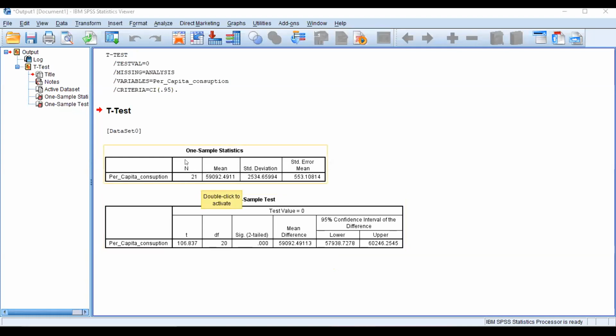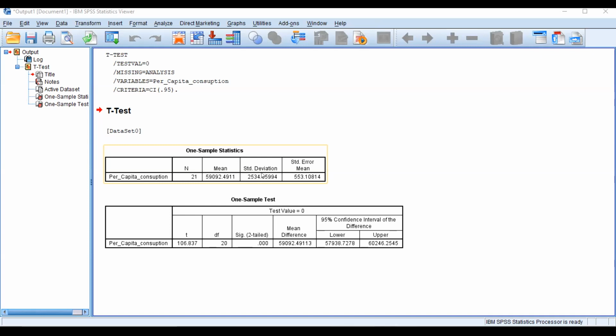Okay, so now we have fed the data and we have the 95% output. What is the meaning of that? First, the one sample statistics, meaning per capita consumption. We had 21 observations with a mean on average of 59,092 per month consumption.